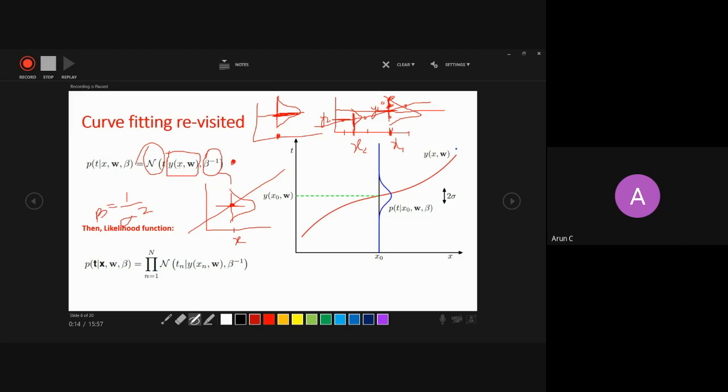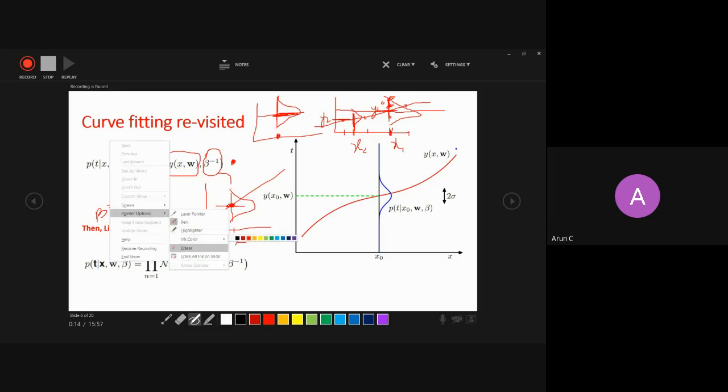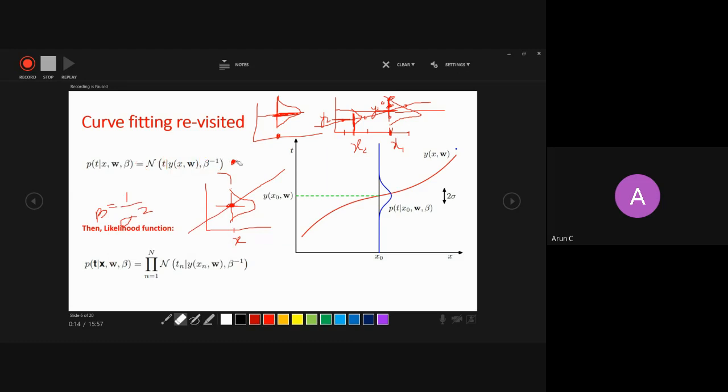You are not denying that you could generate this number; you say that I can generate it, but with very, very low probability. The higher probability is still at the mean, because the mean has the highest probability. So if somebody asks you to generate a number from this symbolic notation, I hope you can easily read this equation, right?